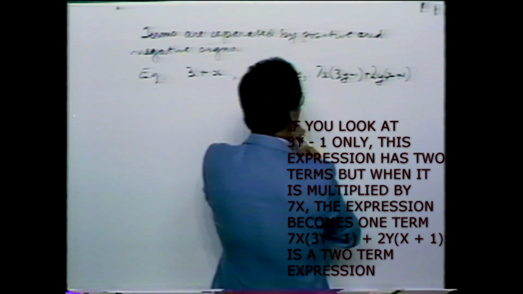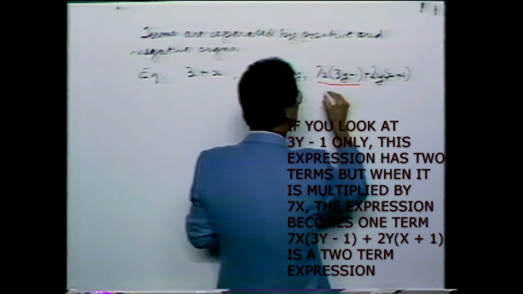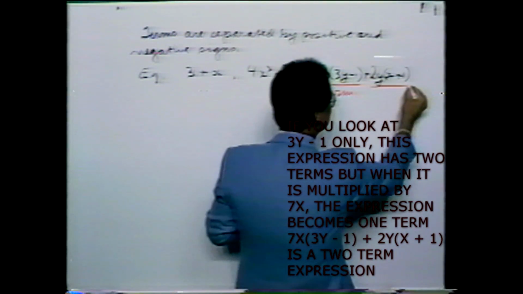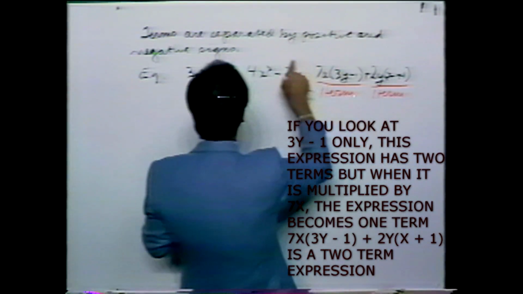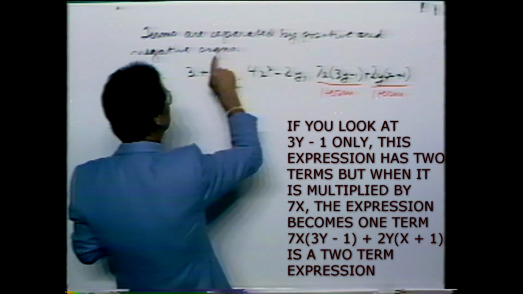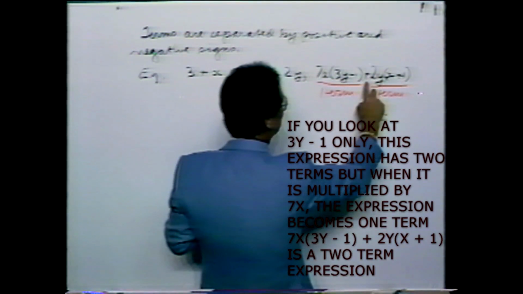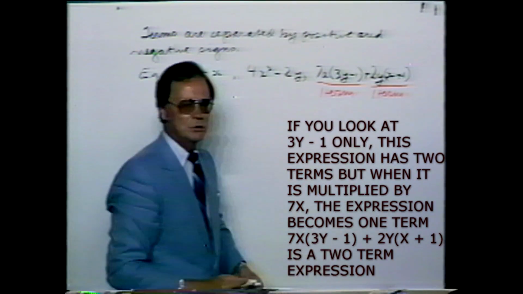So this, therefore, is a single term together with this one, which is also a term. And again, as I explained, terms can be identified by looking for positive and negative signs which separate them. And there's the positive sign which separates those two terms.